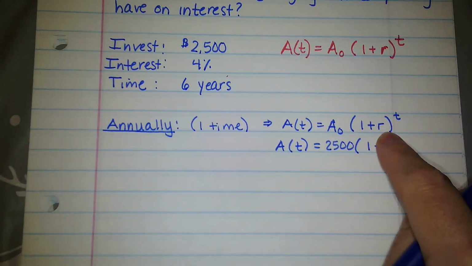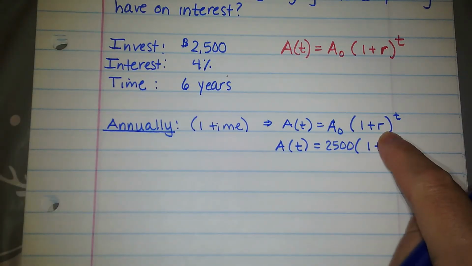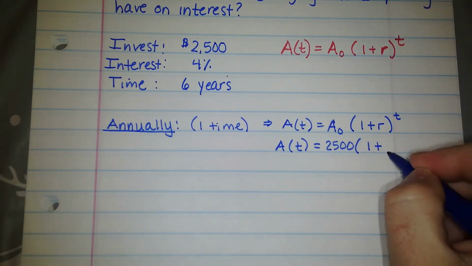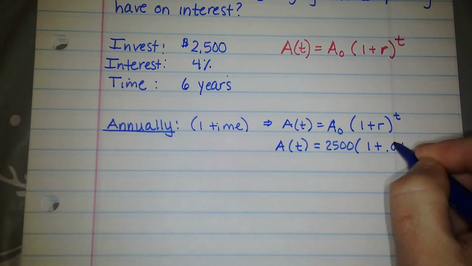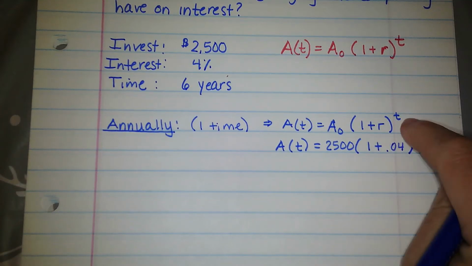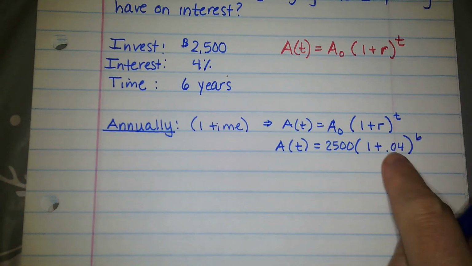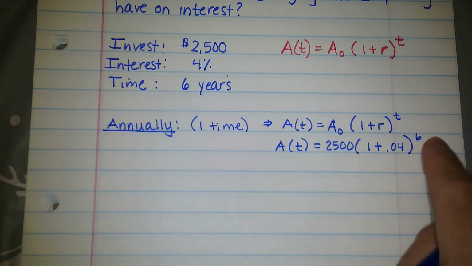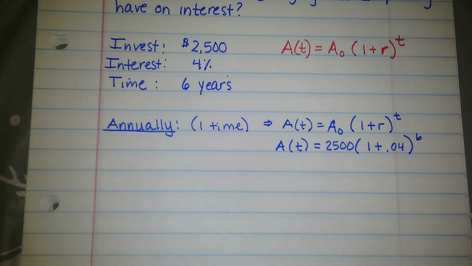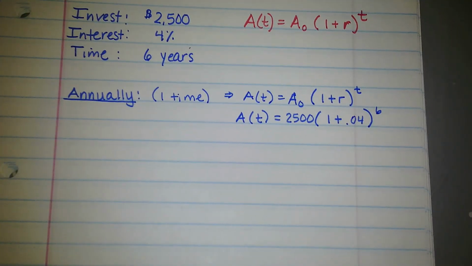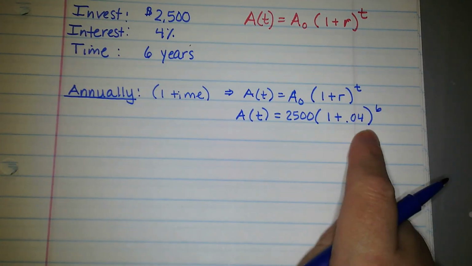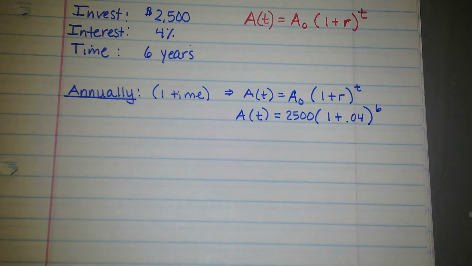And remember, we have to change our rate from a percent to a decimal, so that's 0.04. And the time frame that they give us is 6 years. And again, we're dividing this by 1, so that doesn't change. And we're multiplying this by 1, so nothing changes. So that's why this is what usually happens. When you're doing a normal growth, it just means that you're doing your interest once.